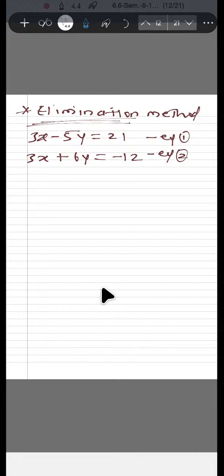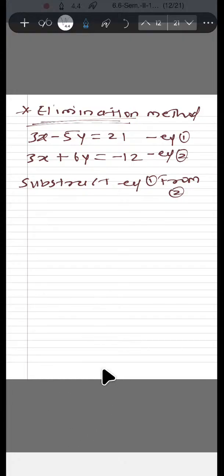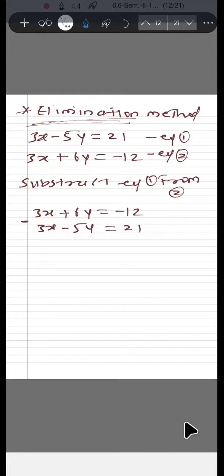So I will subtract equation 1 from equation 2. So 3x plus 6y equals minus 12, minus 3x minus 5y equals 21, and the operation is subtraction.